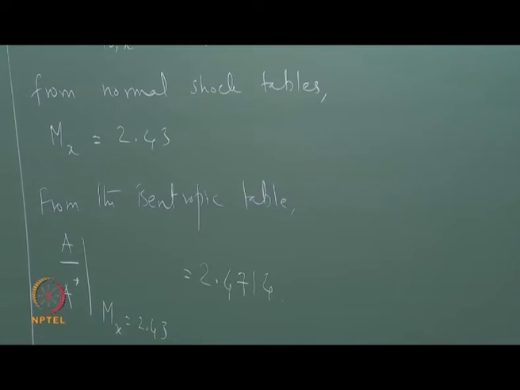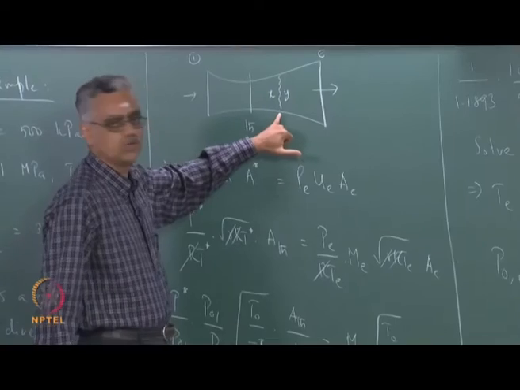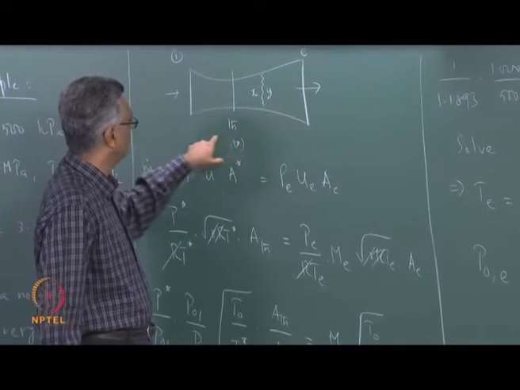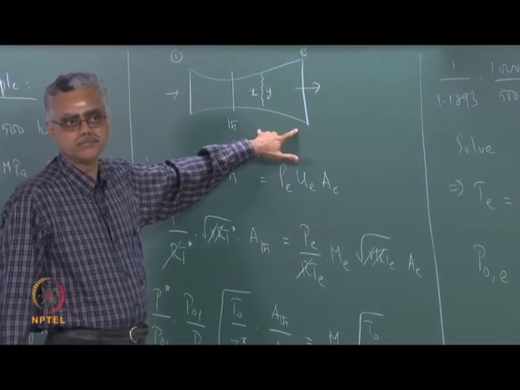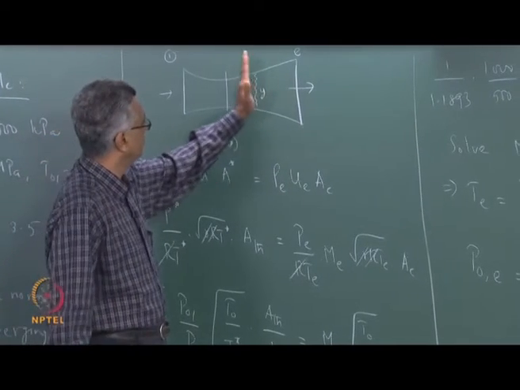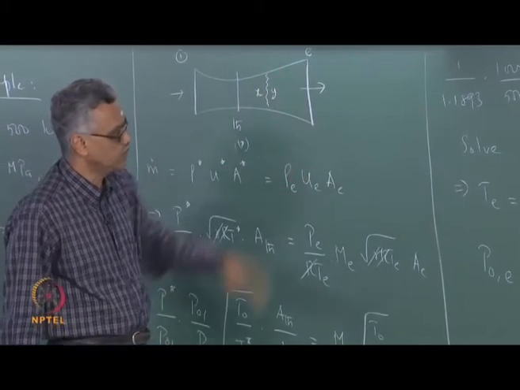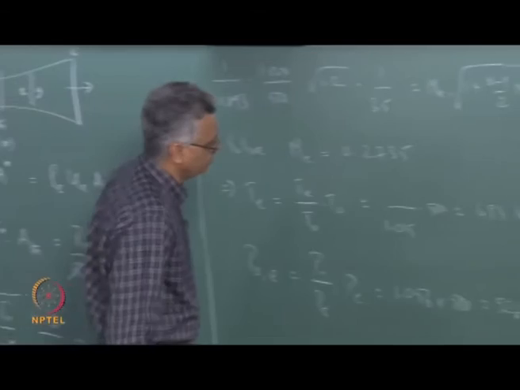So that is the A by A star area ratio where the normal shock occurs. For comparison, you know that A exit over A throat is 3.5. So this occurs somewhere probably in the second half of the divergent portion of the nozzle. So that completes the problem entirely.